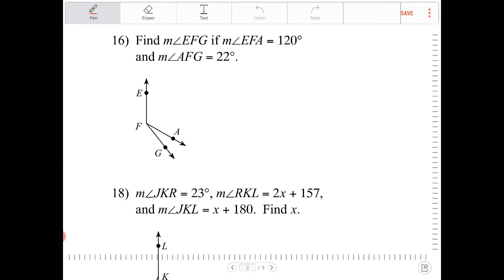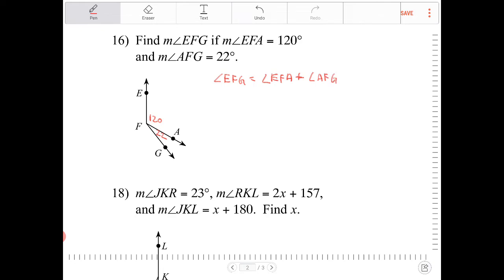All right, find angle EFG if EFA is equal to 120 and AFG is equal to 22. EFG, we're looking for the entire angle. So I know that angle EFG is equal to angle EFA plus angle AFG.